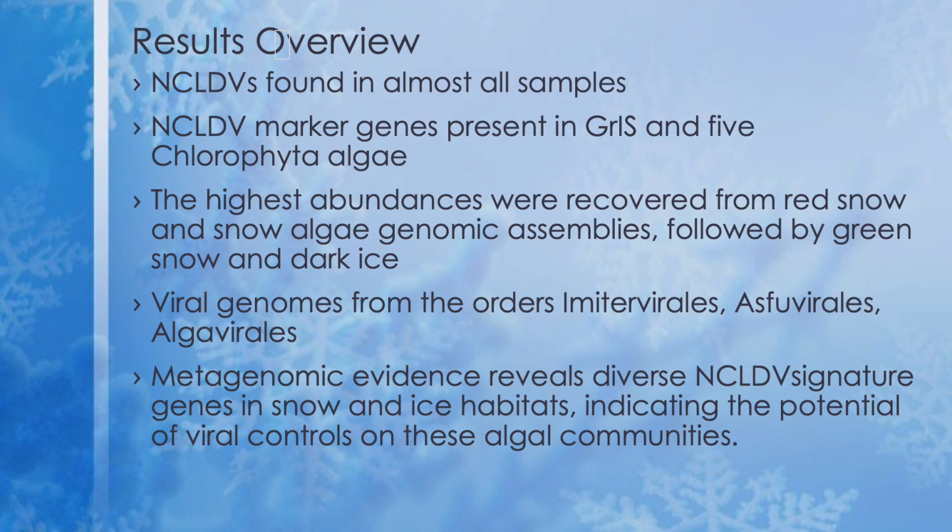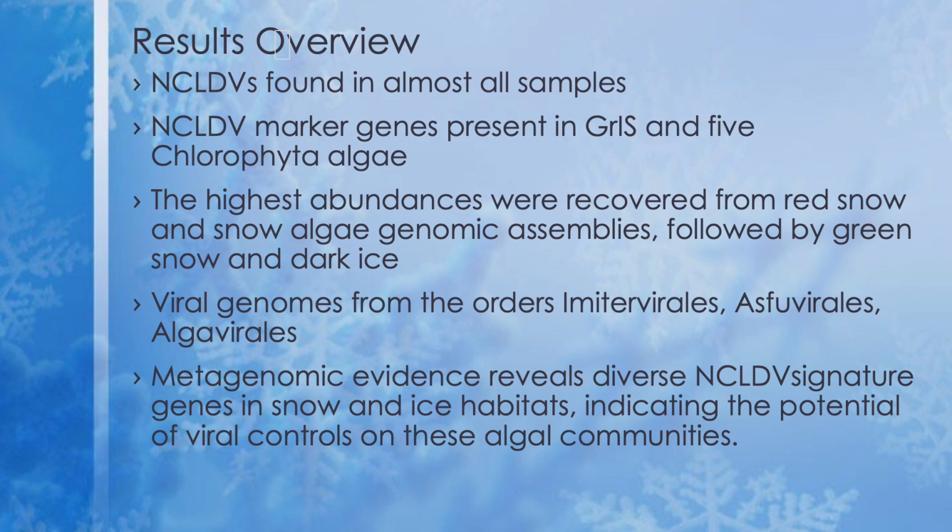So for the results, giant virus marker genes were present in almost all of the samples. The highest abundance were recovered from red snow and snow algae genomic assemblies, followed by green snow and dark ice.